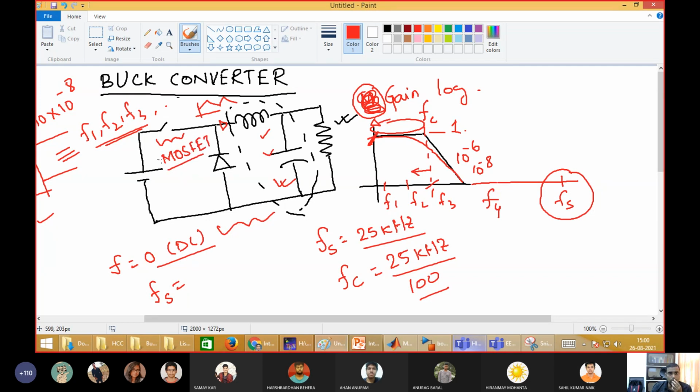But if you use a MOSFET, then you cannot use a general purpose diode. What is a general purpose diode? General purpose diodes are rectifier grade diodes. What is a rectifier grade diode? Rectifier grade diodes are the diodes that we use for rectifying 50 Hertz, 60 Hertz AC.